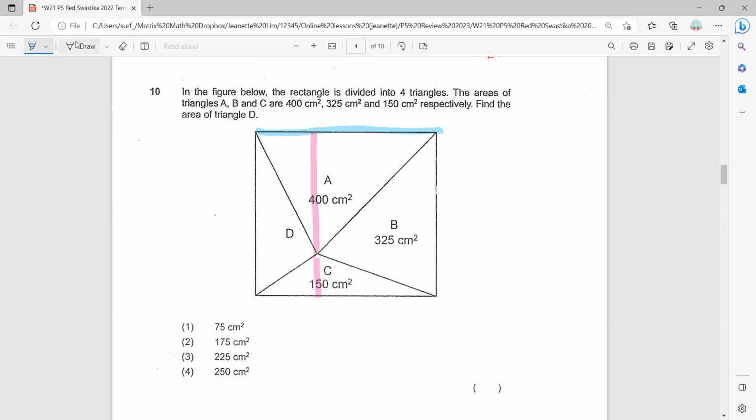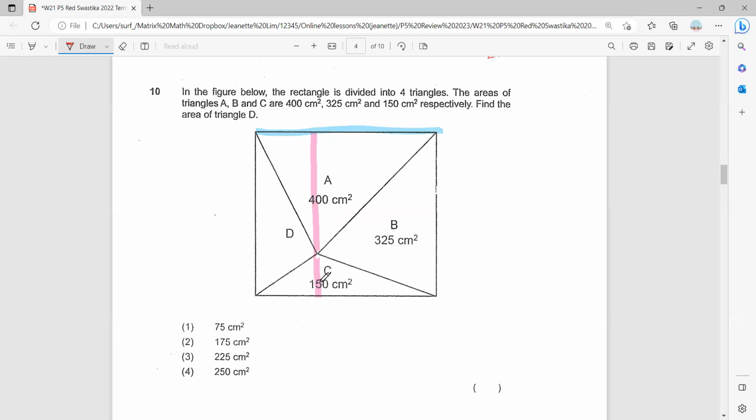The combined area of A and C, which is 400 plus 150, is actually 2 triangles for which we can use the formula half times common base times the combined height. That will give you half of the rectangle, because if you take half times the blue times the pink, the blue and pink are actually the length and breadth of the rectangle.